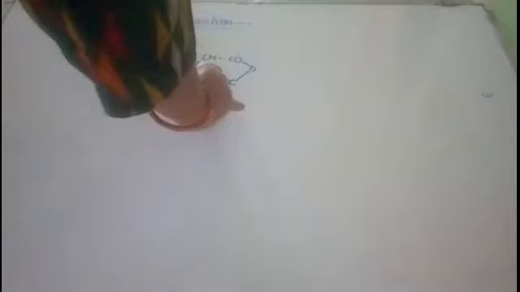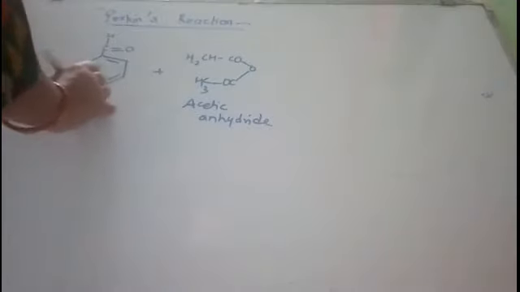Now in the presence of, we will take here, I'm just breaking and writing it. Okay, this is acetic anhydride, anhydride of acetic acid. This is benzaldehyde.